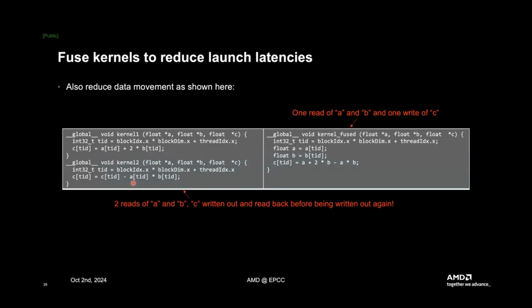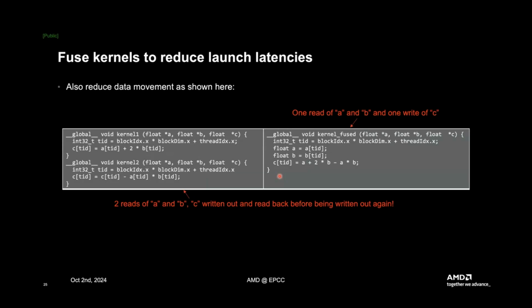And then in the second kernel, we're reading A, reading B, and reading from C, and then writing back to C. If you fused all of them, you just avoid the whole index calculation the second time, and the reads. You just do the reads one time, and then you write one time. So you're reducing data movement, you're amortizing the cost of that index calculation. And in general, for your larger workloads, it must be beneficial.